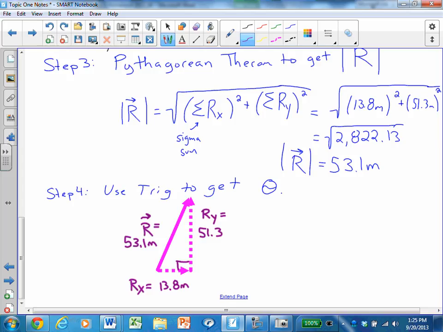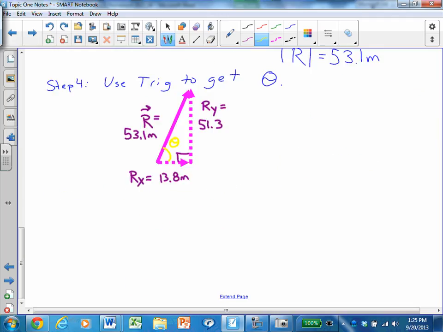Now, to get theta, this theta here, can you see that yellow? A little bit? We're going to use the relationship of tangent because we have our y and our x. So if I look here, tangent of theta equals the opposite over the adjacent, right?